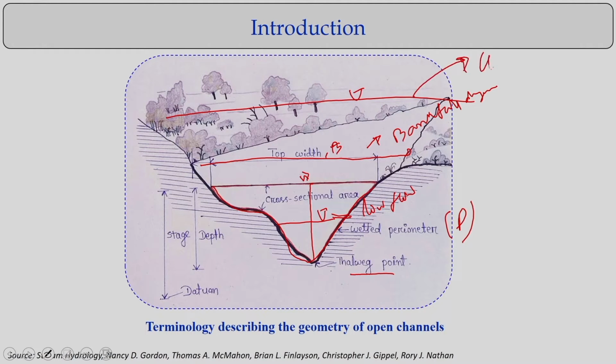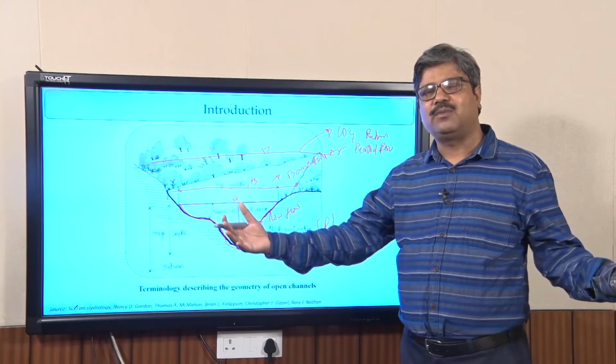Maybe this is the 10-year return period flood. So we have flow variability, because the flow varies from low flow to bankfull discharge to the 10-year return period discharge, when you have the river as well as the floodplain.